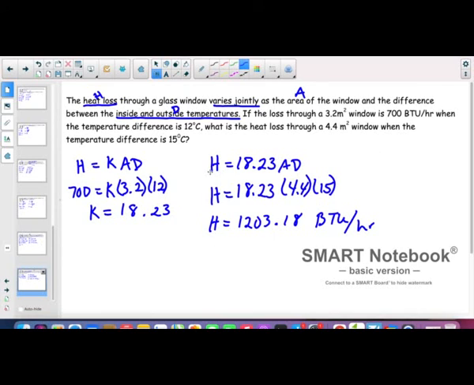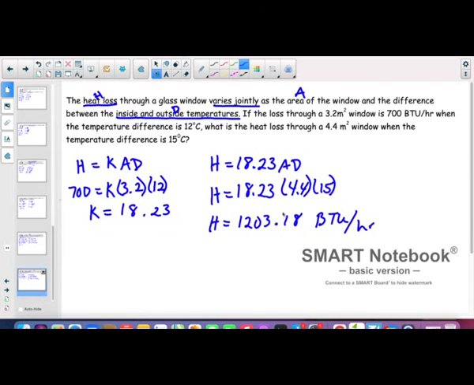And we're going to write our function with the K substituted in. So H equals 18.23 AD. And then for the second part, it says, what is the heat loss through a 4.4 meter square window? So that would be my area when the temperature difference is 15, right there. And we're trying to find H this time because it says, what is the heat loss?